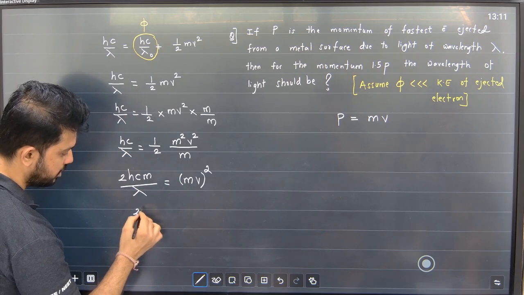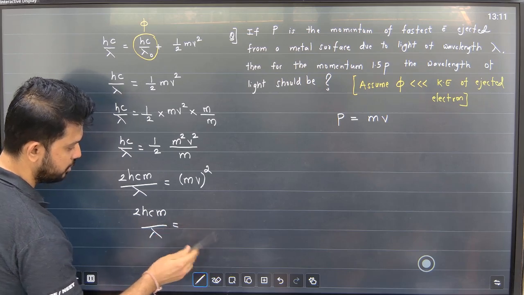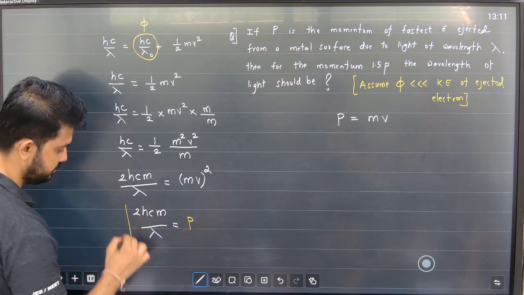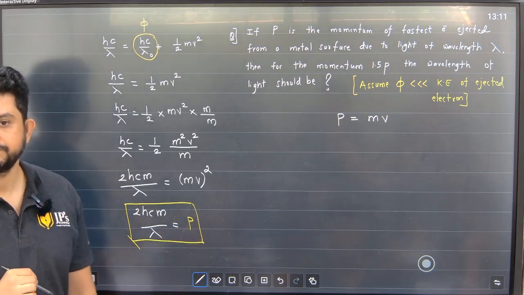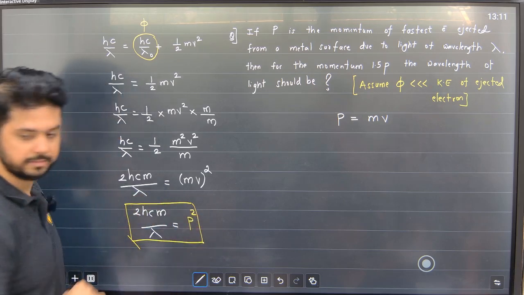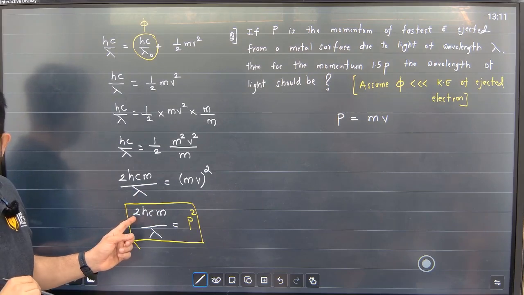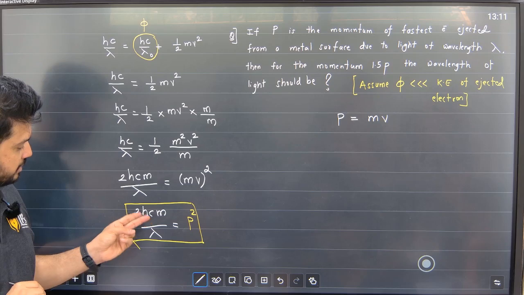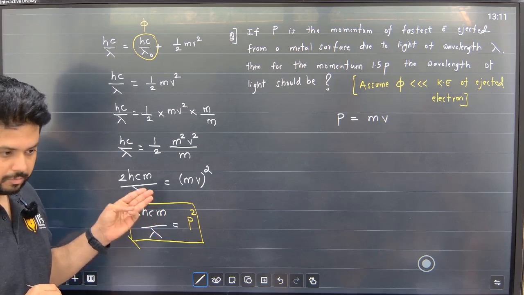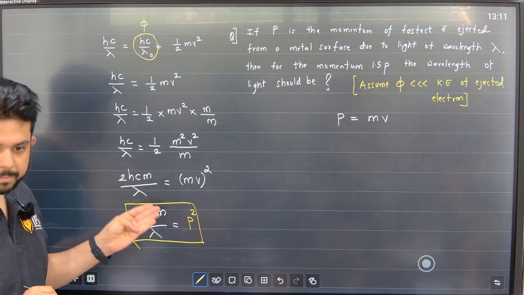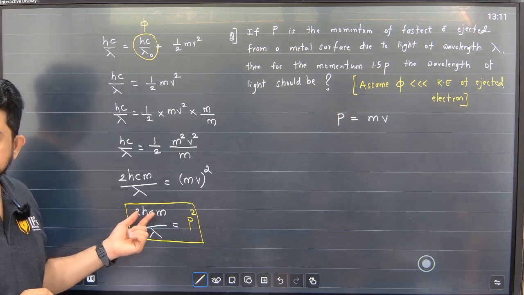So 2 hcm by lambda is equal to momentum squared. Is 2 a constant? Is h a constant? Yes, Planck's constant. c is also a constant, the speed of light. What is m? Mass of the electron, also a constant.